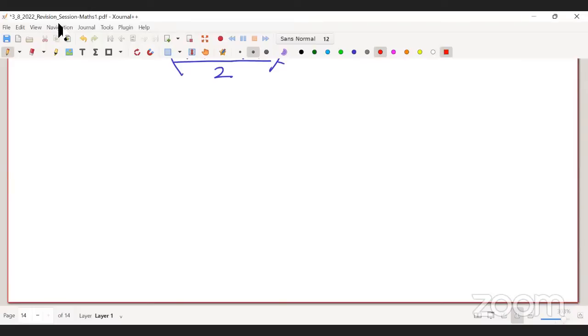Sir, before this, do we have the time to accommodate that question on the mock on Riemann sum? Which one? On the mock, there was a question. Let me check.